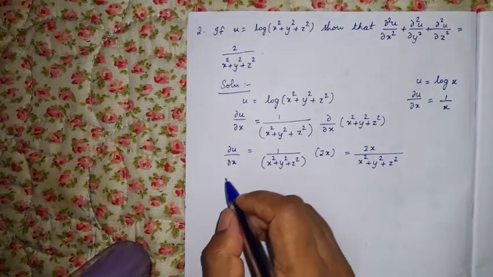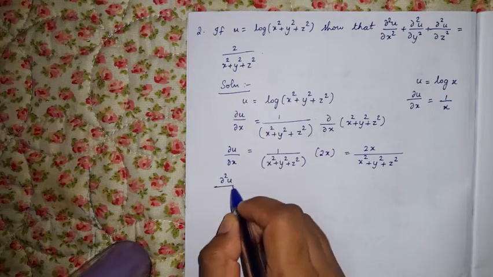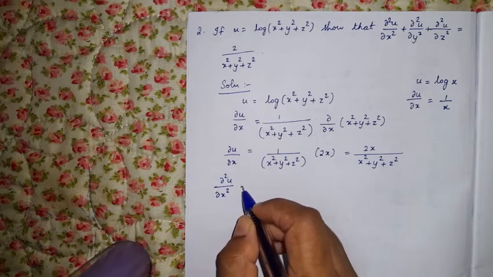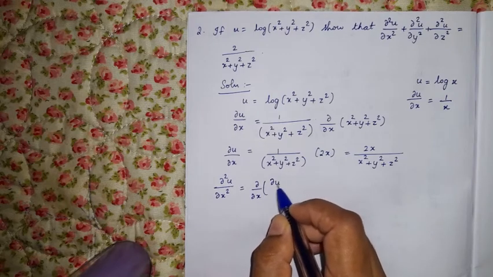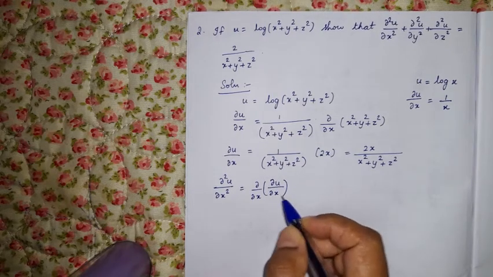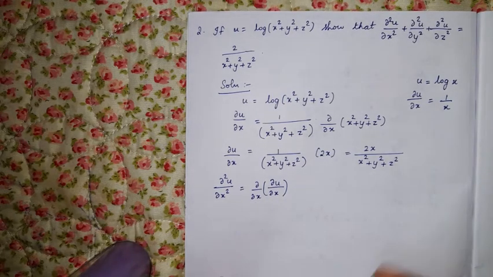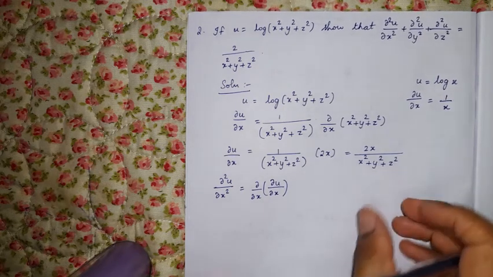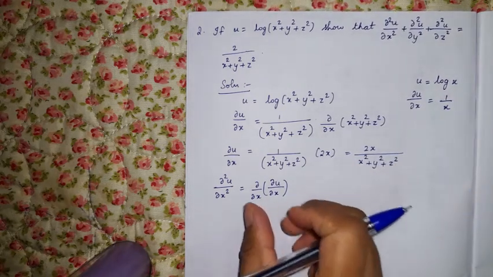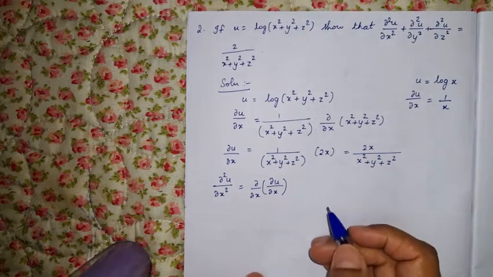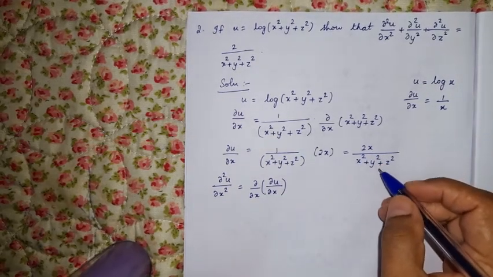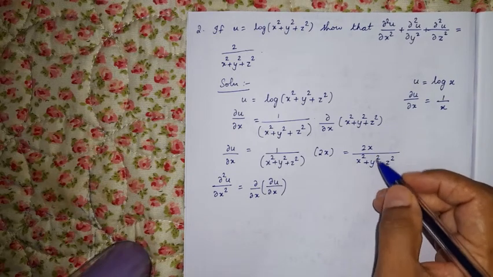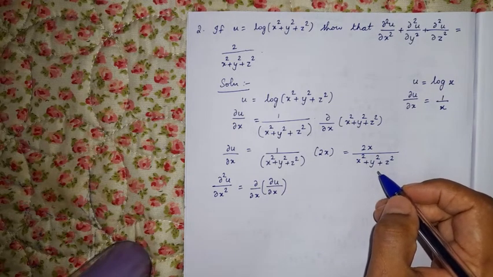Now what is ∂²u/∂x²? It means you have to differentiate ∂u/∂x again with respect to x. You know what ∂u/∂x is. Differentiate this term with respect to x again. Here you have x in both the numerator as well as the denominator.